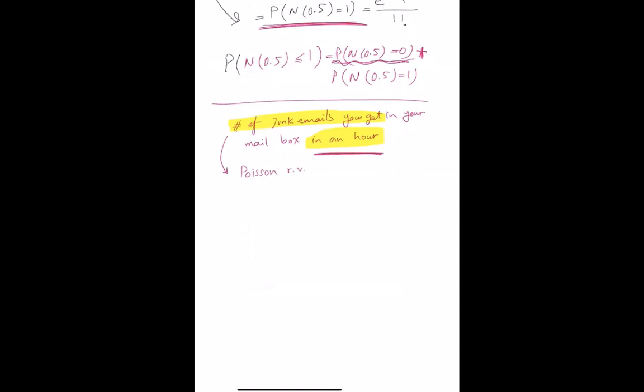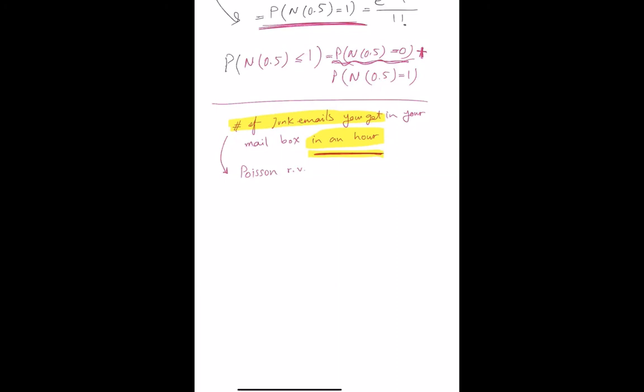Okay, so it's not just because it's in time, it's a Poisson random variable. It shows the number of events that can happen, number of emails that you can get, number of calls that can be received, number of customers, number of cracks in the highway that you can see, number of things that can happen in a time frame or in a specific length or in a specific area.